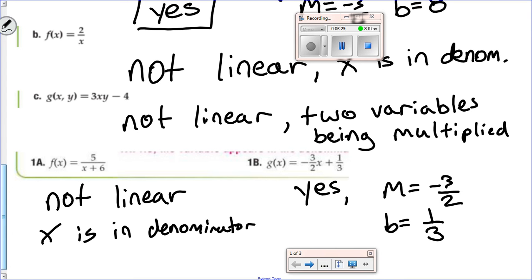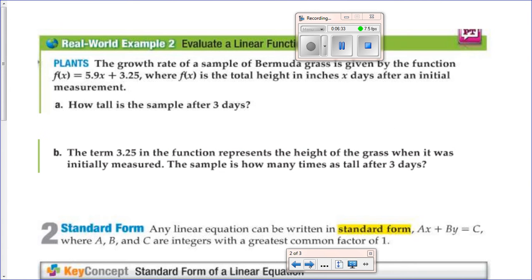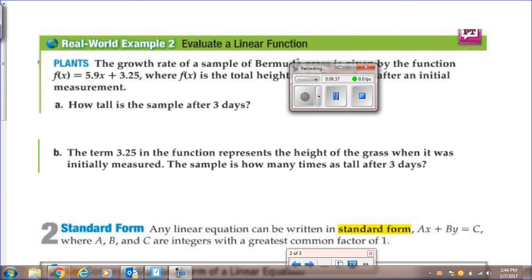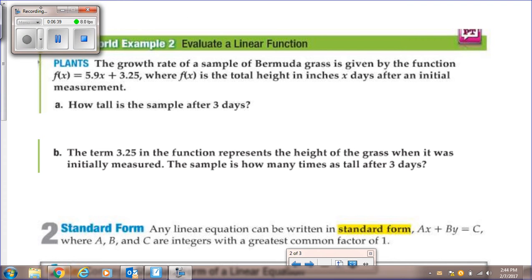Alright, so let's go on then to the next page here. Example 2. We're going to be evaluating a linear function. The growth rate of a sample of Bermuda grass is given by the function f of x equals 5.9x plus 3.25, where f of x is the total height in inches, x days after an initial measurement.